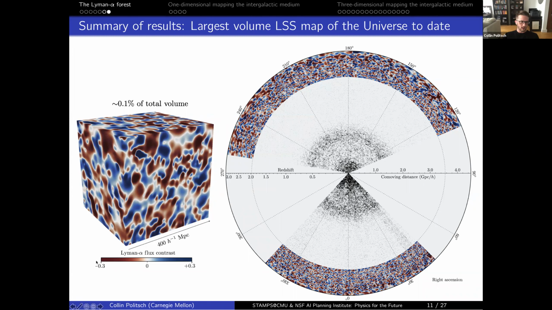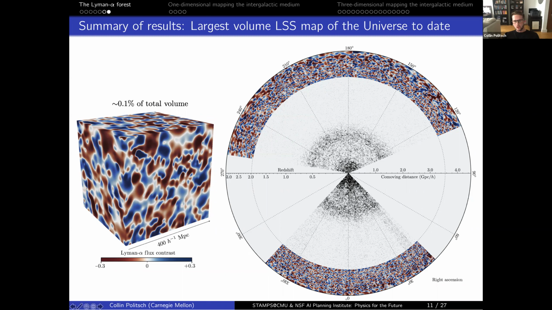And so the low values of Lyman alpha flux contrast correspond to overdensities in the cosmological matter distribution. And then the high values correspond to underdensities. And so in red, we have the overdensities, blue, we have the underdensities. So we might see something like dark red like this and think, okay, that's a candidate for a galaxy protocluster, and then something in deep blue is a candidate for a cosmic void.